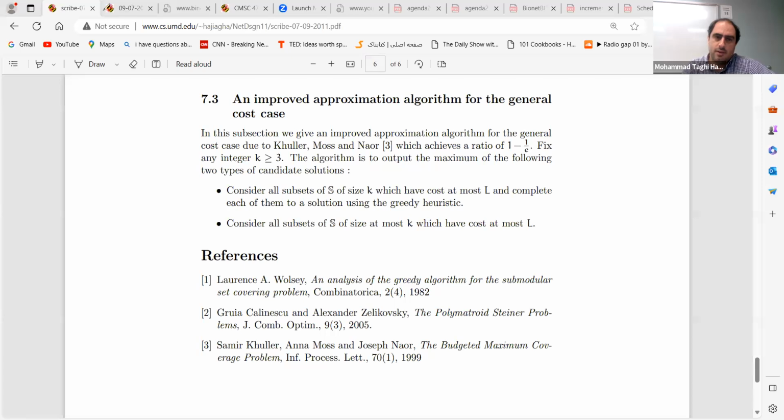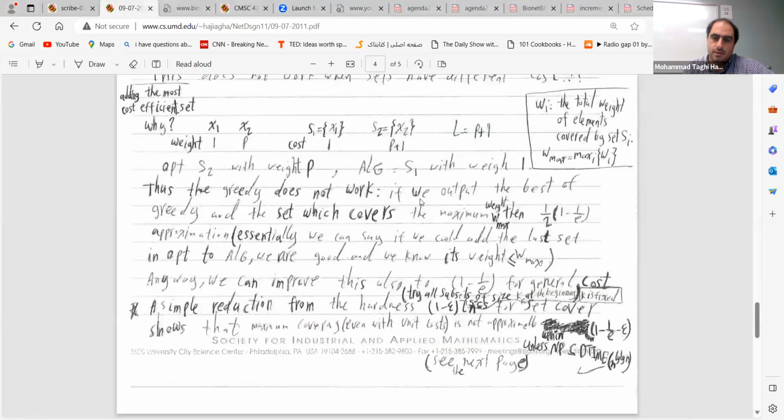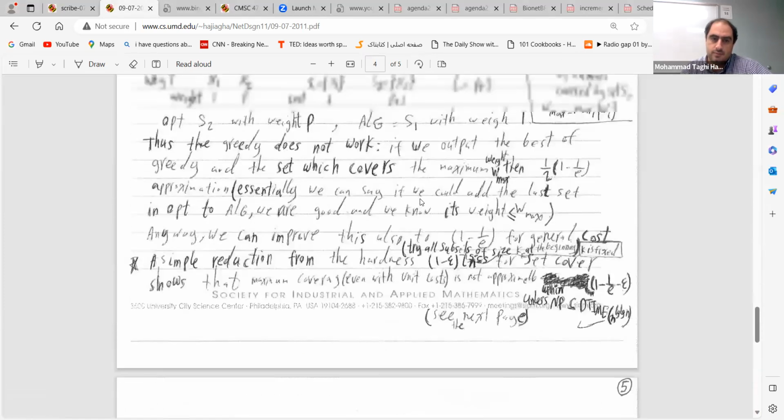Last but not least, I wanted to say something also about this algorithm, which is also interesting. So far, we have talked about 1 minus 1 over e for this maximum coverage.